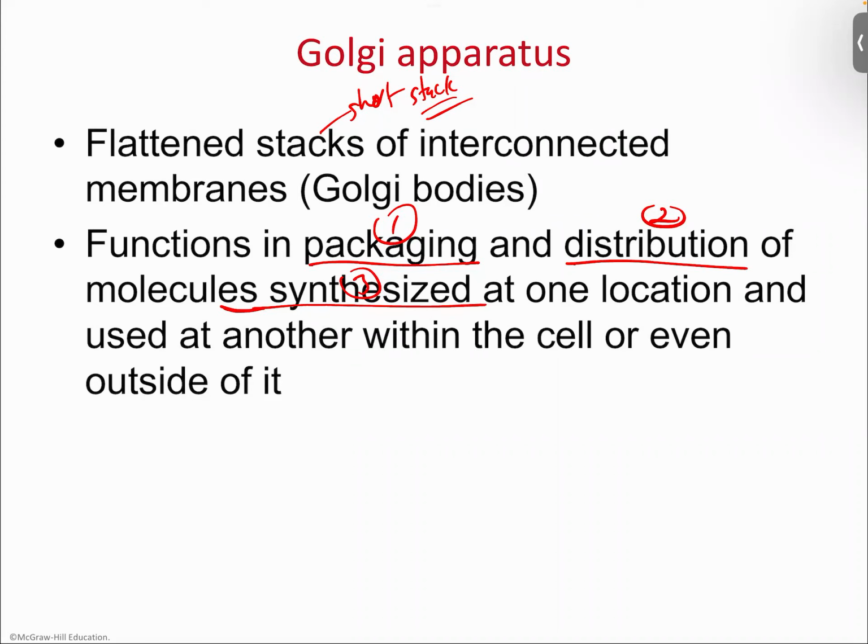So here's a good example. So let's say that the protein that we are making in the ER is like a glycoprotein, right? That's a membrane embedded version of a protein. But what a glycoprotein is, is basically a protein that has a carbohydrate ornamentation on it. It's like got a branch of carbohydrate on it.